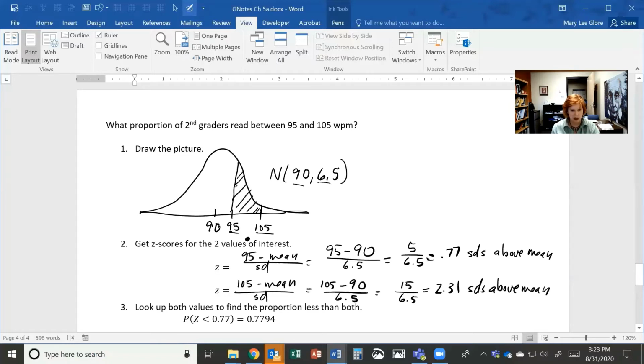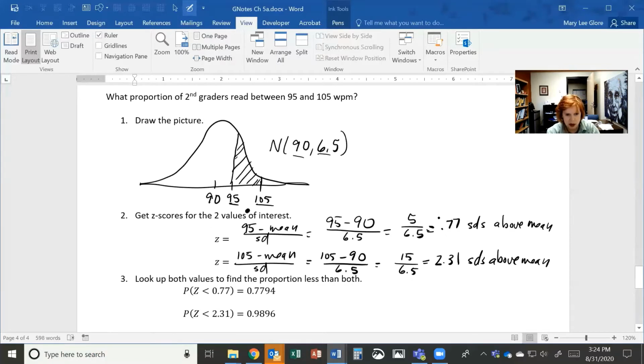So 95, this distance of 5, is not quite a whole standard deviation of 6.5, so it's a decimal proportion of that whole standard deviation. But 105 is 15 over, so I have 2 and some change standard deviations to go from 90 to 105.